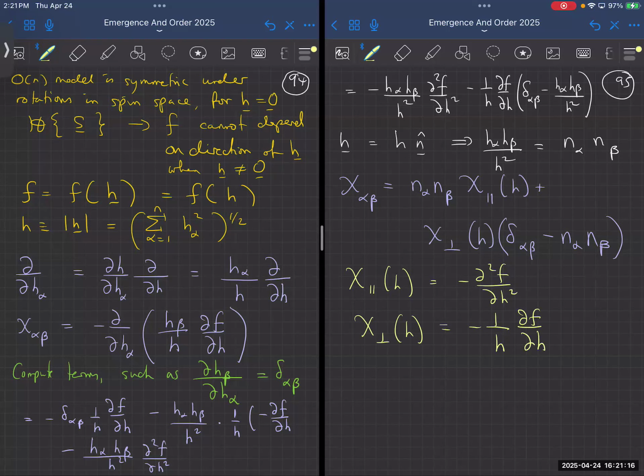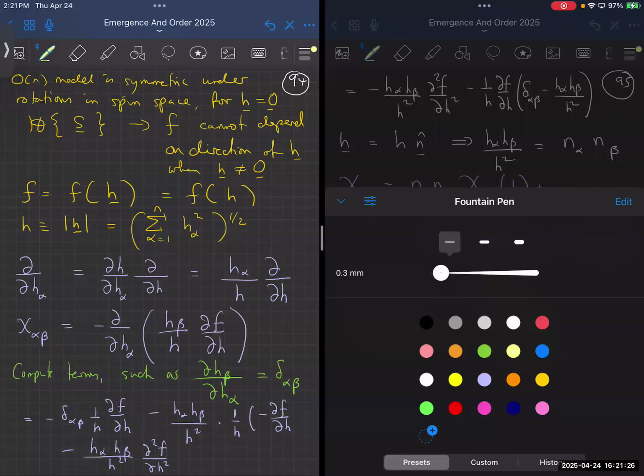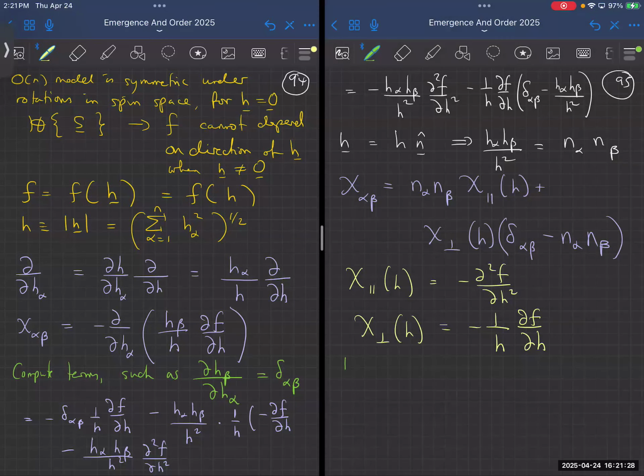So this is the tensor decomposition, and this all just follows purely from symmetry. So what you're supposed to understand by this is that if h is parallel to m, then what you measure is chi parallel, and if h is perpendicular to m, then what you're measuring is chi perpendicular.